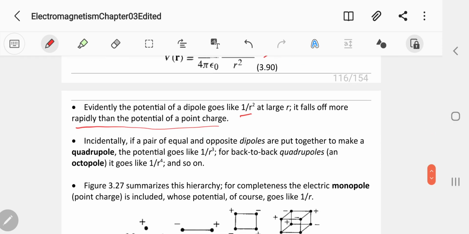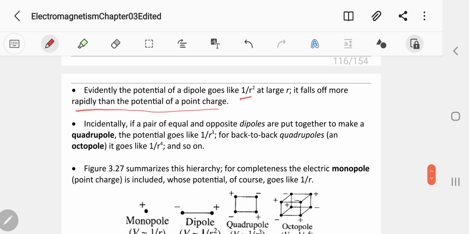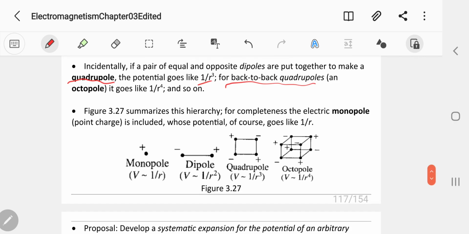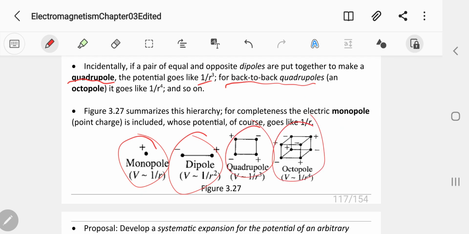Incidentally, if a pair of equal and opposite dipoles are put together to make a quadrupole, the potential goes like 1 over r cubed. For back-to-back quadrupoles, or an octupole, it goes like 1 over r to the fourth. So for a simple point charge, for a dipole, for a quadrupole, and for an octupole, you have that.